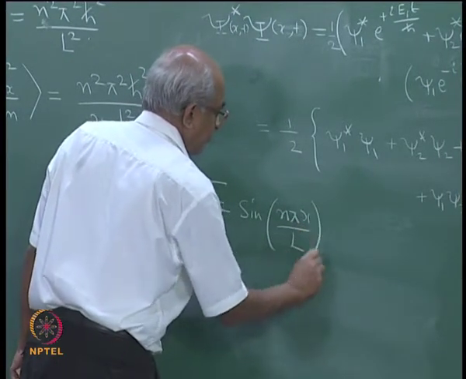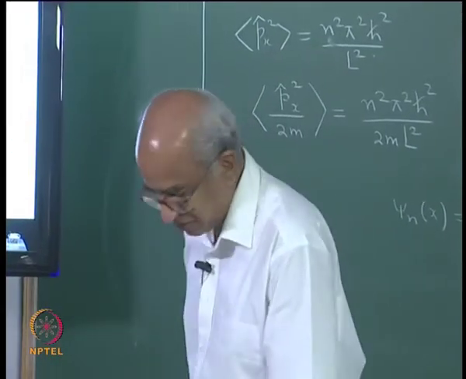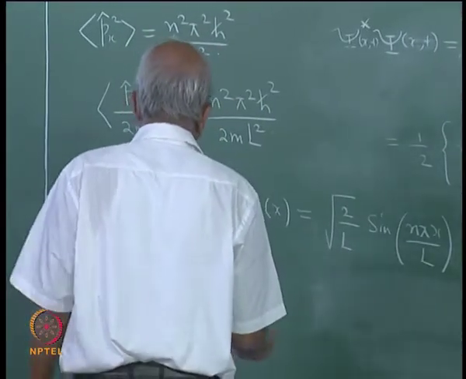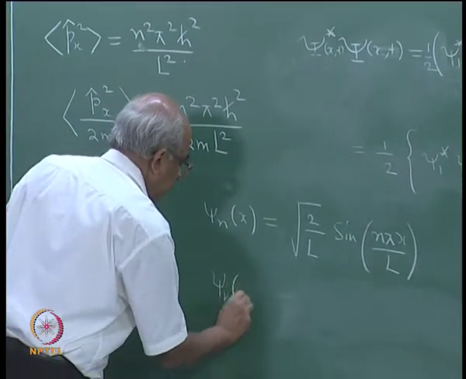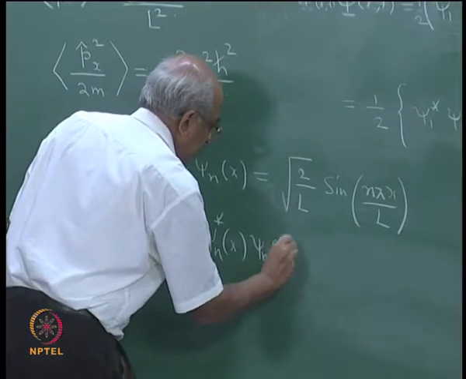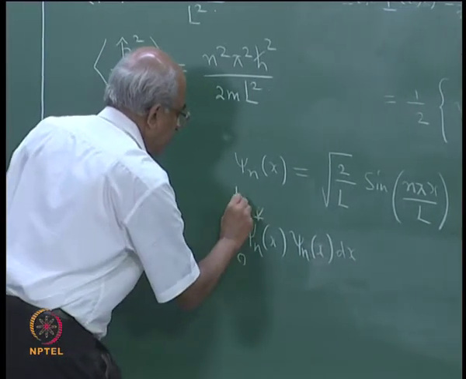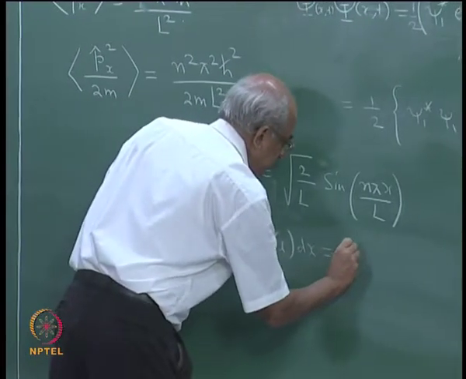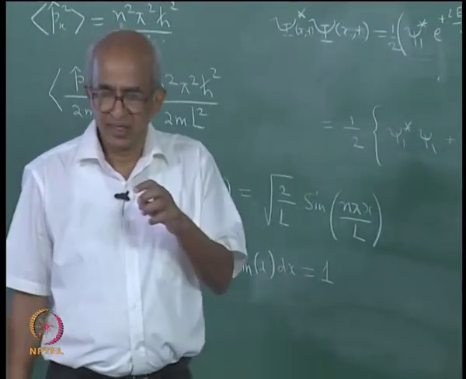So, this is the form of your wave function for the nth state, and this function actually is normalized.